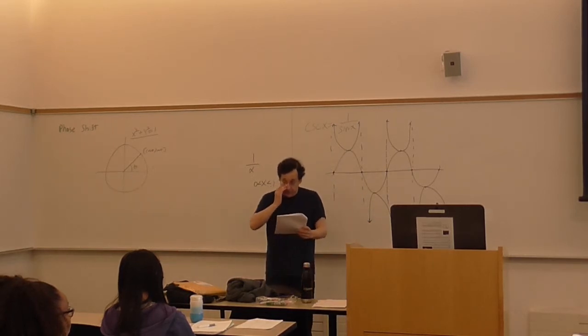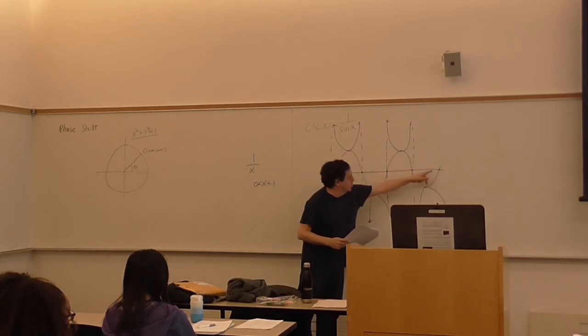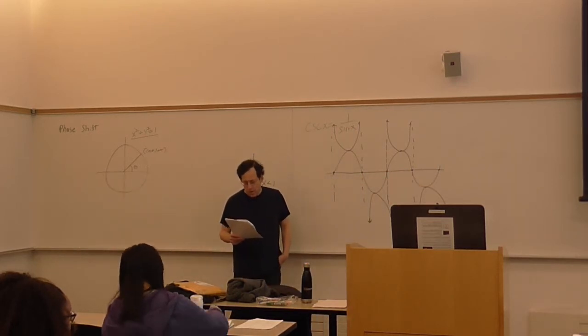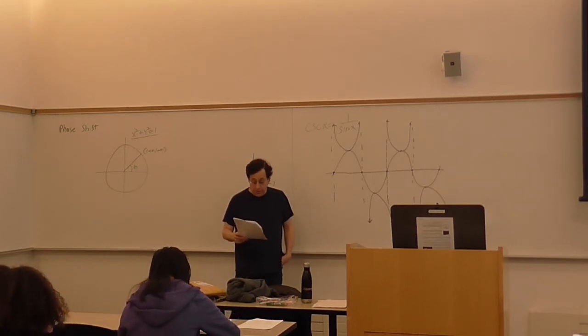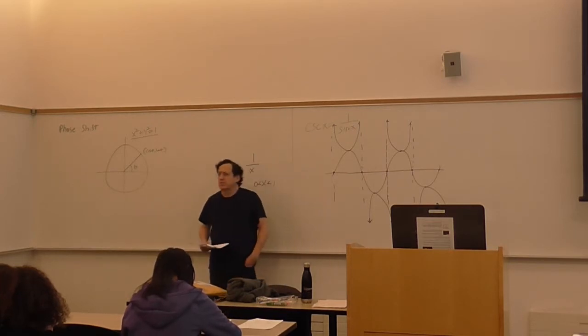All right. Once again, where is this function not defined? Well, it's not defined at these asymptotes, which are pi n. That's where the vertical asymptotes are. What's the period of this function?